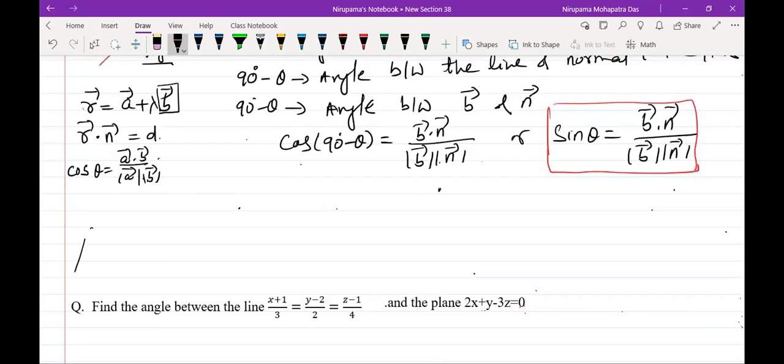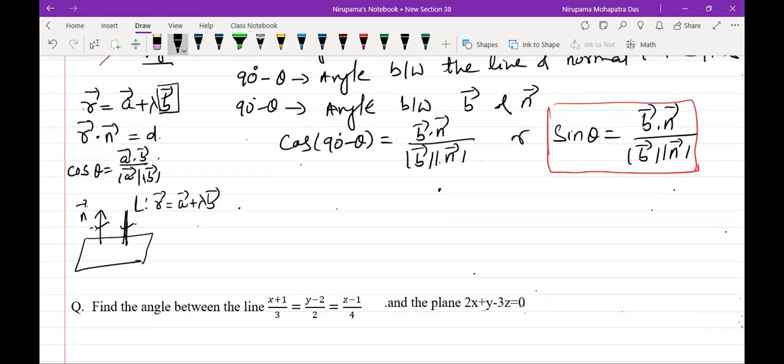So let me just see. This is the plane, for example, and this is the normal to the plane. This is the line L, r equal to a plus lambda b. Now when the line is perpendicular to the plane, what about n and b?